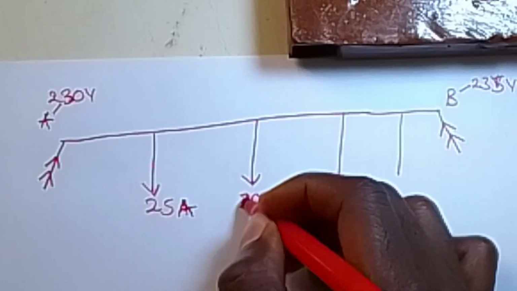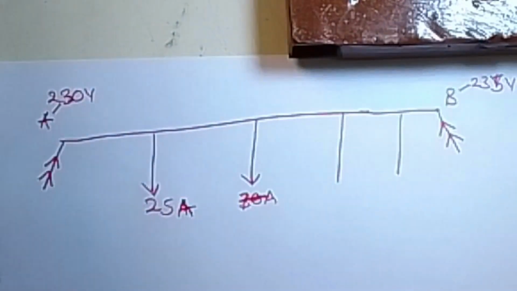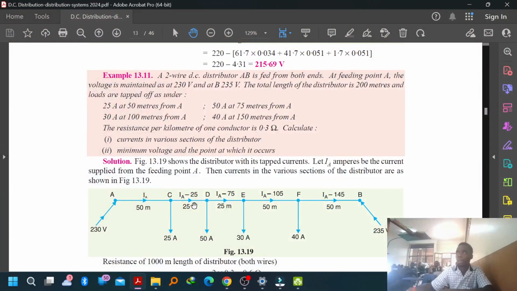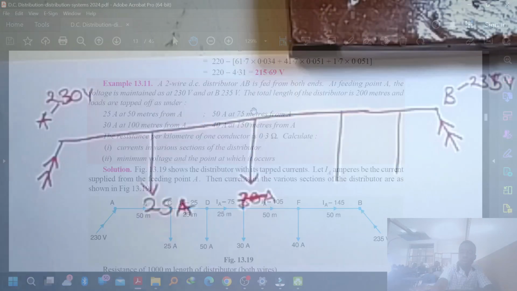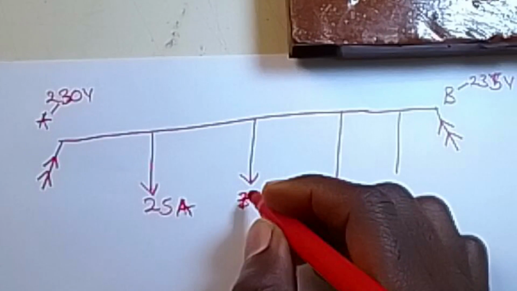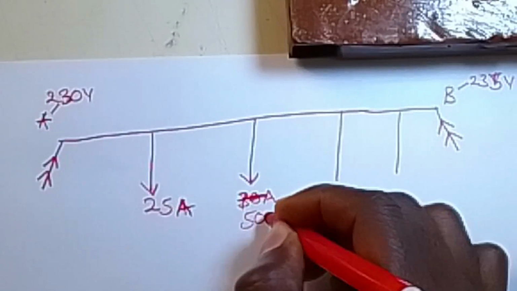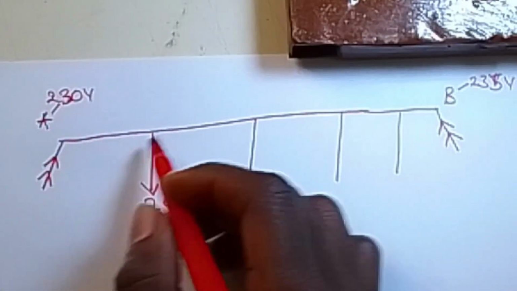It is 75 first, according to the question layout. They are giving us this 25 at this point, then 50 amps at 75 meters from point A. So we shall have our 50 amps here at 75 meters from point A.